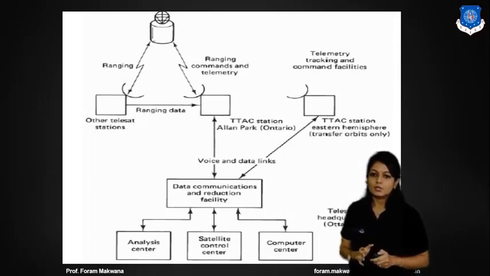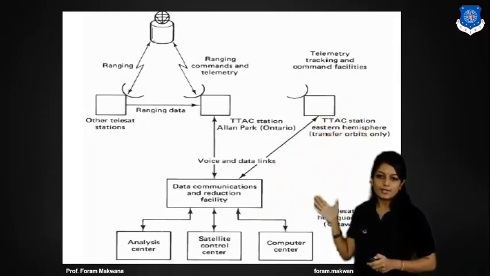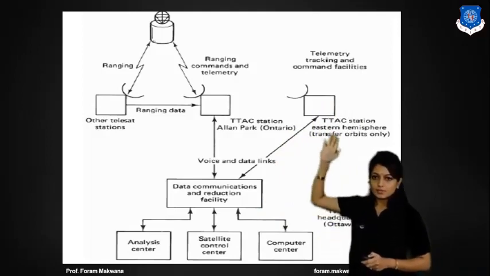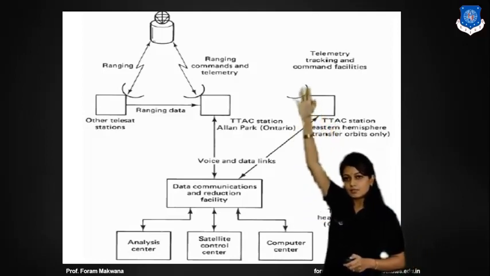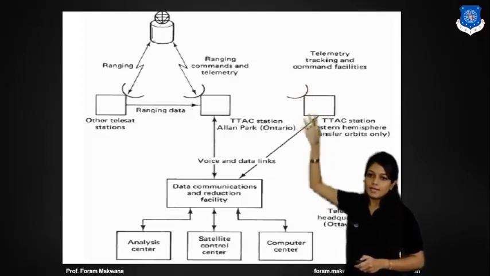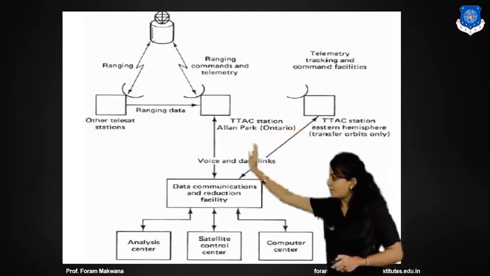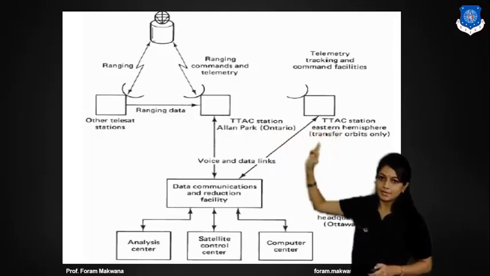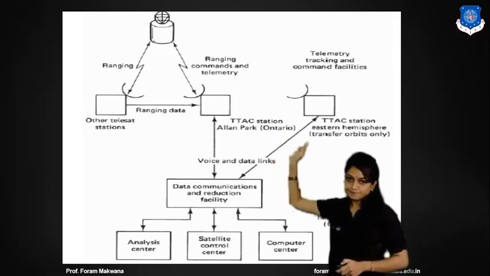So this is the overall diagram of telemetry, tracking, command and monitoring. See, the first structure, the cylindrical structure, is a satellite. We can get the ranging information at the telemetry station, and this ranging data is applied to the range, command and telemetry block.